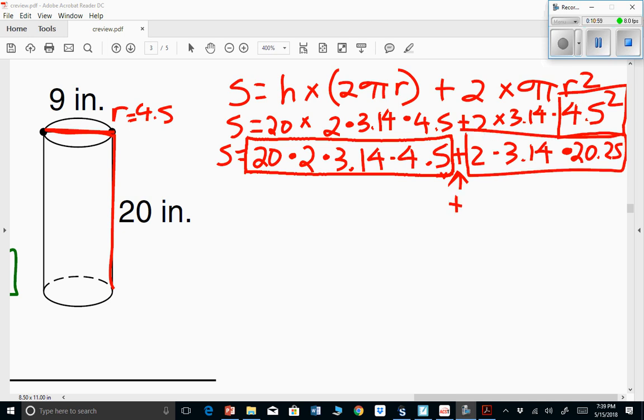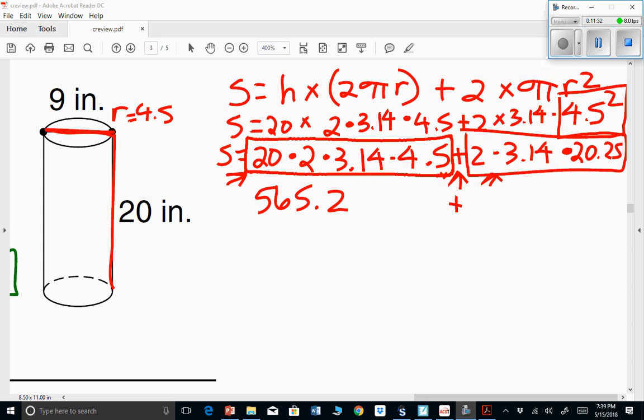So go ahead and put this stuff in your calculator. 20 times 2 times 3.14 times 4.5. And that should come out to 565.2. And then bring down your plus sign, and then go ahead and multiply these other things together.